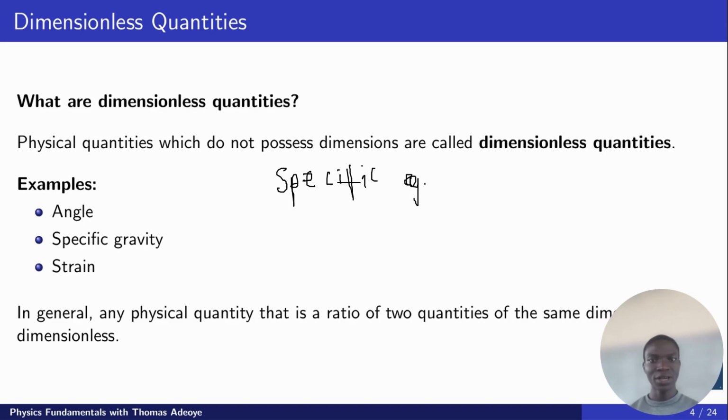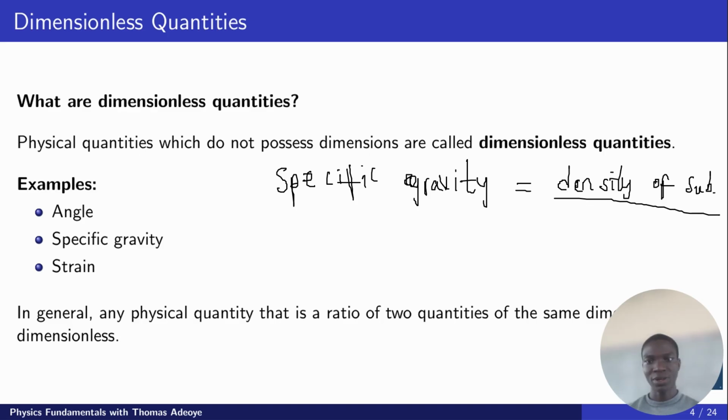Specific gravity equals the density of the substance over the density of water. Yes, so it is a ratio of densities. So you can see that it's density over density, so they cancel out. So it doesn't have dimension. It is dimensionless.